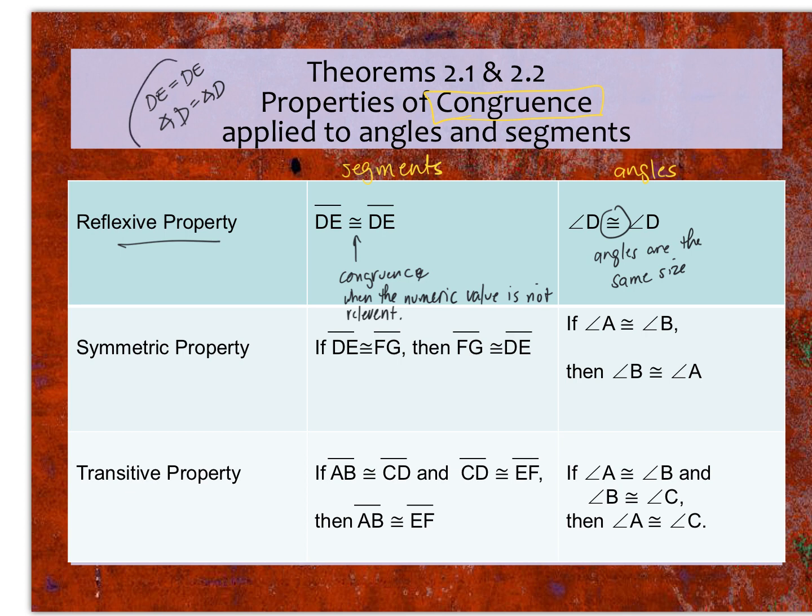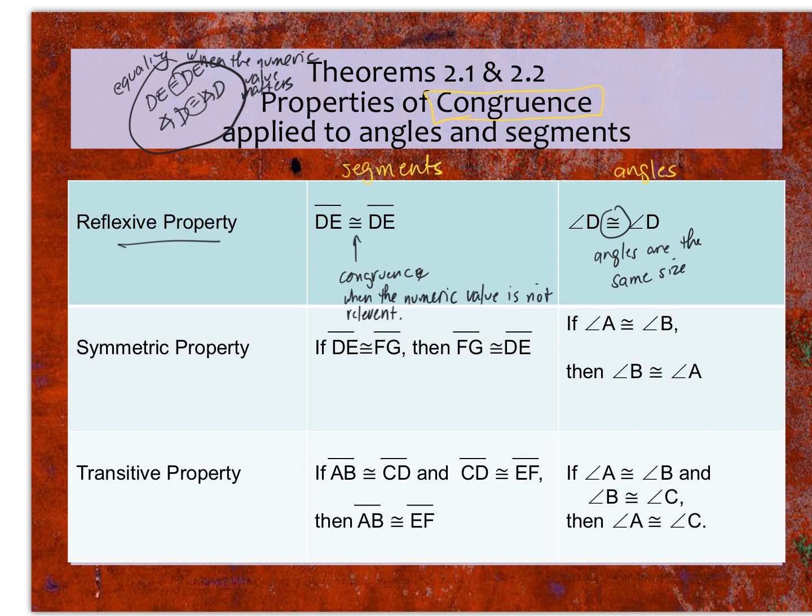So we use equality when, I know this is a little messy, the numeric value matters. So when I want to talk about angles and they add up to 180 or something like that, and all of a sudden the number matters, I'm going to use the equal sign and the properties of equality. But when I don't really care about the actual numeric value, then I'm going to use congruence.